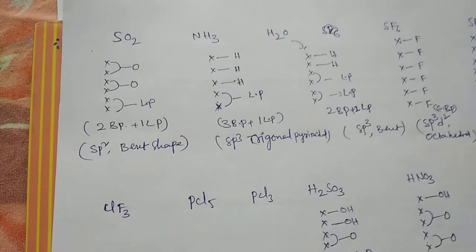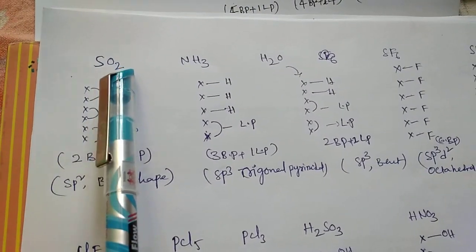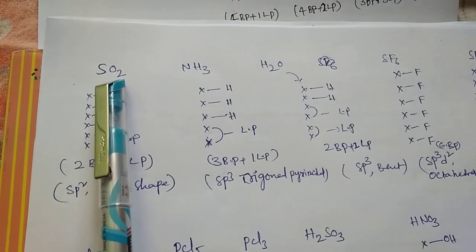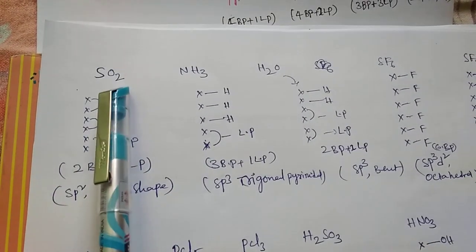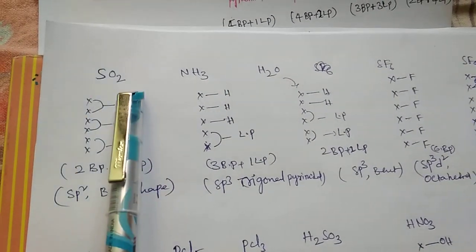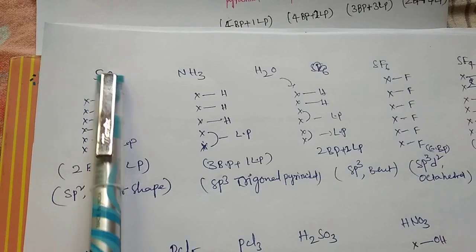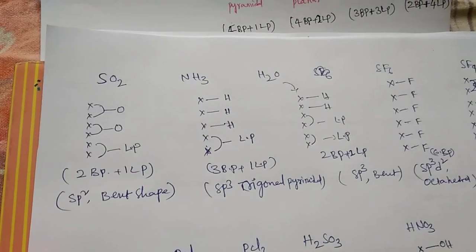First example. In the examination they have given an SO2 molecule: identify how many bond pairs, how many lone pairs, what the hybridization is, and what the shape of this molecule is. Observe the molecule: what is the central atom here?